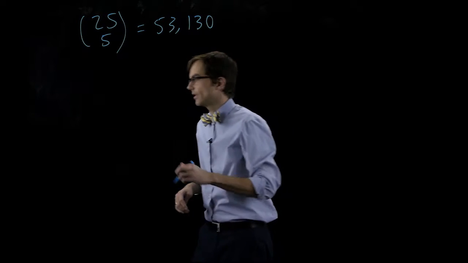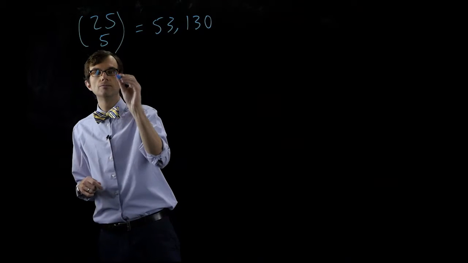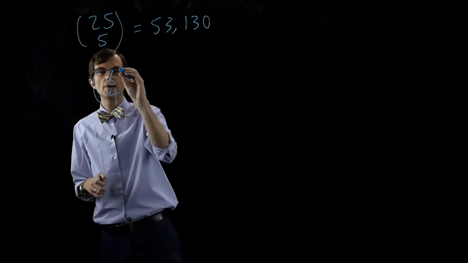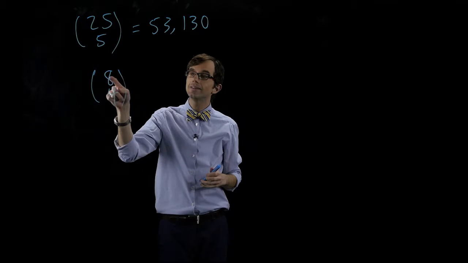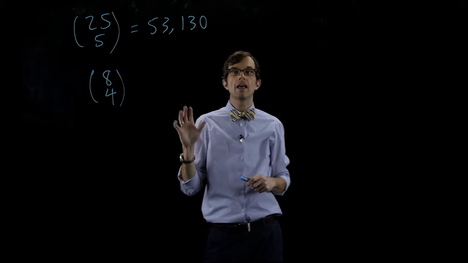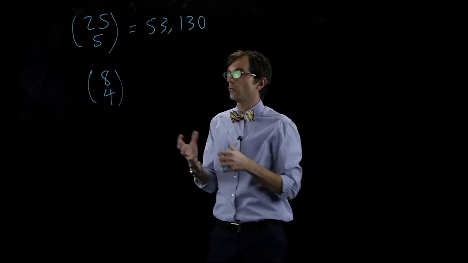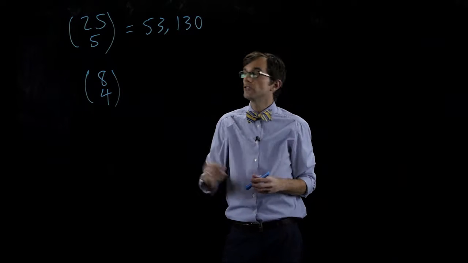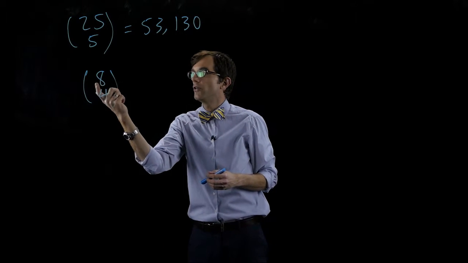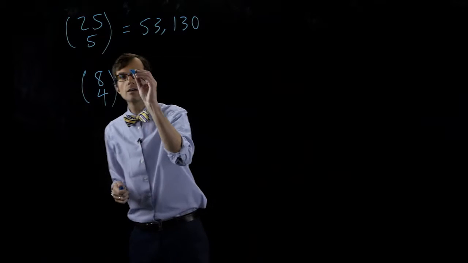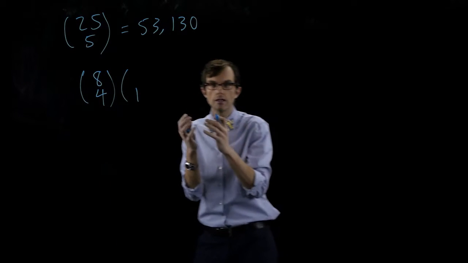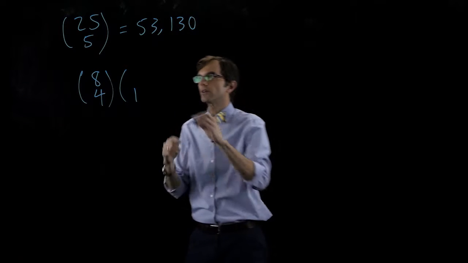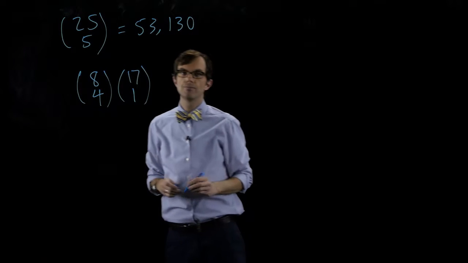Well, remember, there were 8 buses out of the 25 that had visible cracks, okay? And we want, in our sample of 5, 4 of those, okay? So that means we're gonna pick 4 of those with cracks, and in our remaining 1 in our sample of 5, we're going to choose 1 that doesn't have a crack, okay?